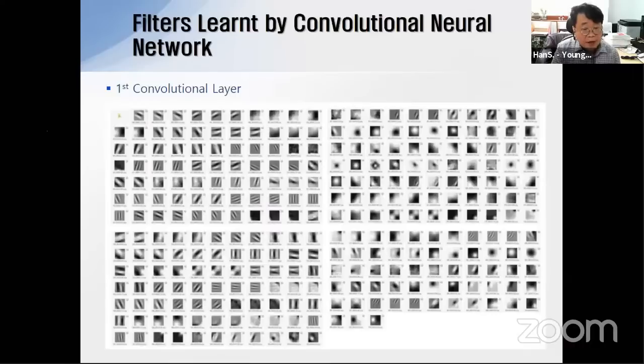The trained filter is similar to the Gabor filter bank or ML filter bank or something like that. Actually, the convolutional neural network is trained as effective filters, but the trained filter is similar to the conventional filter bank. That is why convolutional neural nets work well, because they have so many filters to extract the effective feature representation.